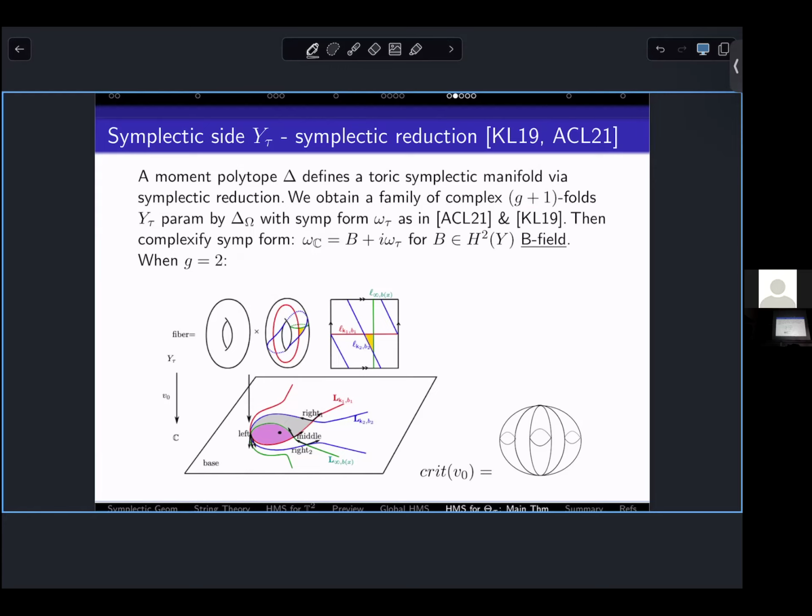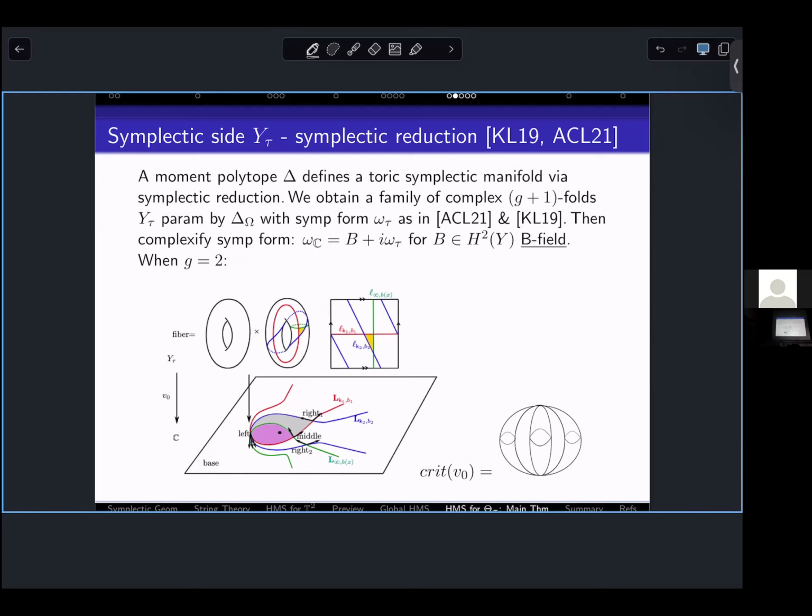When G equals 2, here's what the mirror looks like. A generic fiber is a T4. Inside of the T4, we have slope k Lagrangians again, so we can still talk about linear Lagrangians. The last 2 coordinates are k times the first 2 coordinates. We still have triangles. In the base, we have these U shapes.